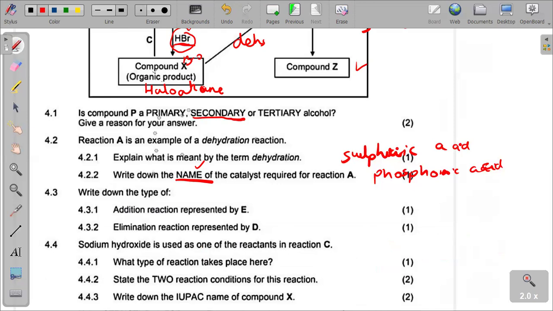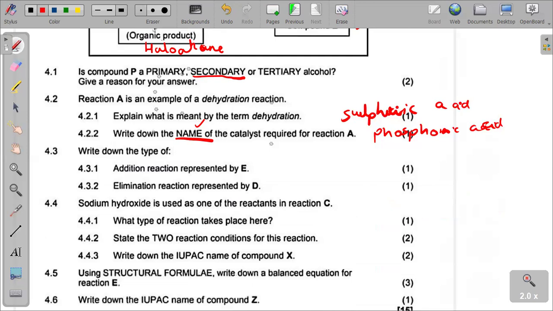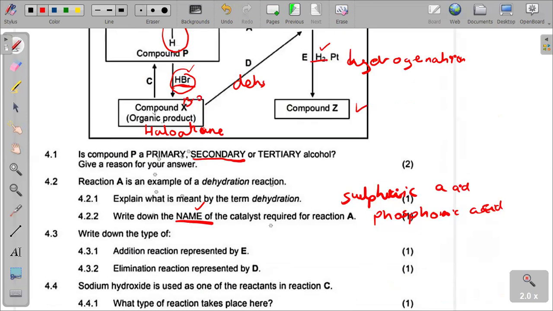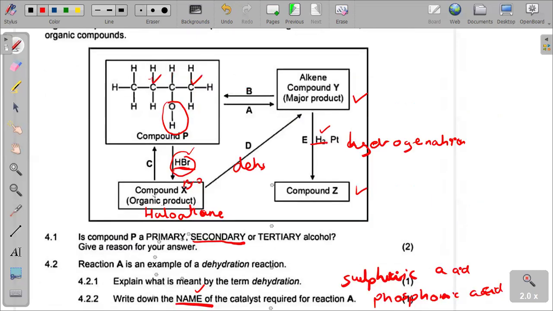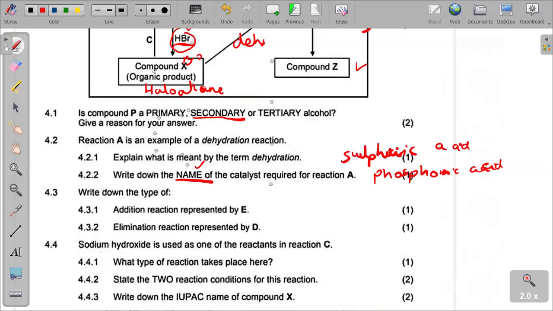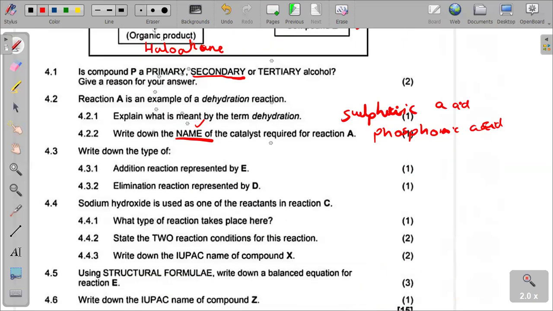So that's 4.3.2. Let's go to 4.4. 4.4 is saying sodium hydroxide is used as one of the reactants in C. So likewise, haloalkanes can also undergo an interconversion to form alcohols under a substitution reaction, specifically hydrolysis. So the question there now is asking, what type of reaction takes place?